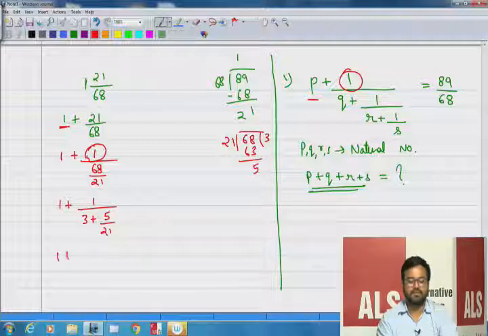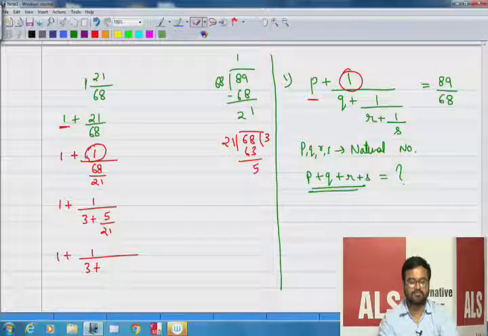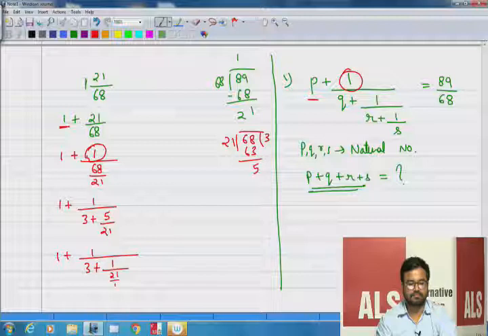If we further expand this one, 3 plus 5 by 21, we can write 1 over 21 by 5. And then we can write it like this, 1 plus 1 over 3 plus 1 over 21 by 5. We can write this one as 4 plus 1 by 5.